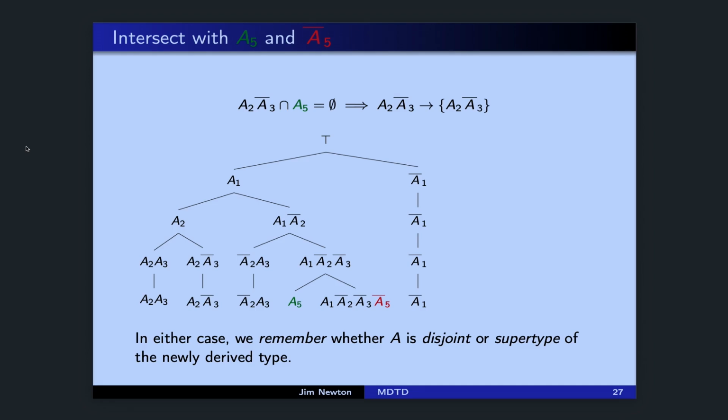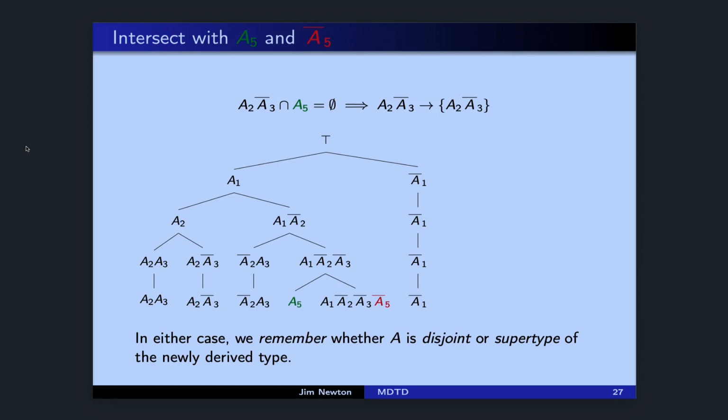So A2, A1, not A2. Then it branches into A5 and A1, not A2, not A3, not A5. Don't we lose some information? It seems that there has been a simplification.